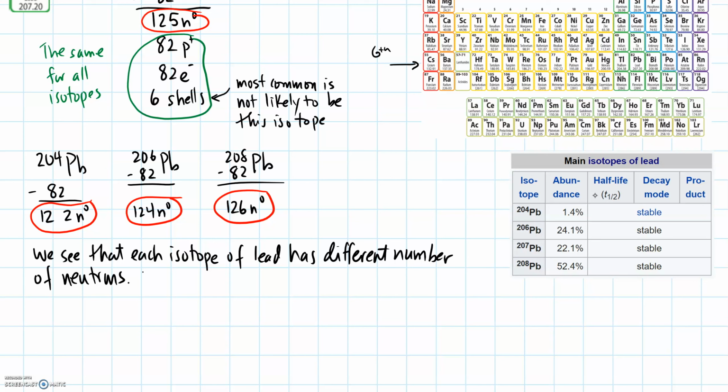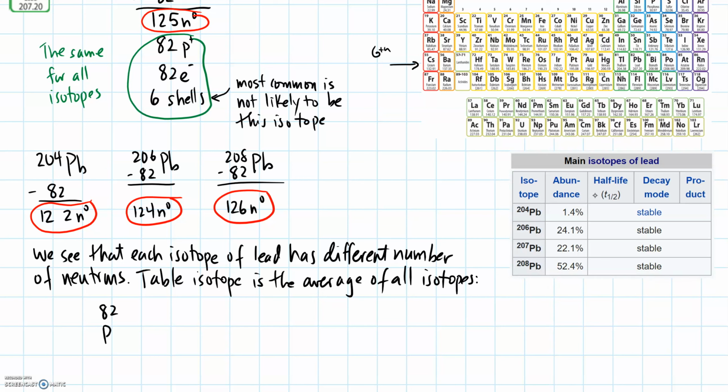So the table isotope is the average of all isotopes. And that number, if you look at it, says 82 Pb, and then the number that you're seeing here reads 207.20.